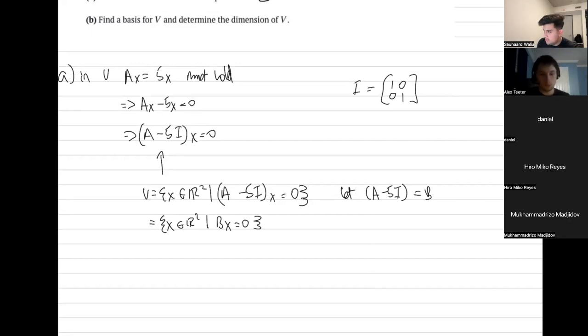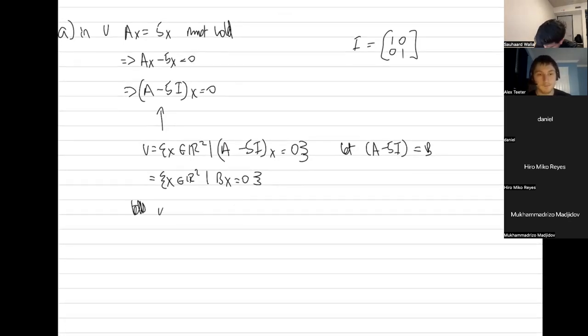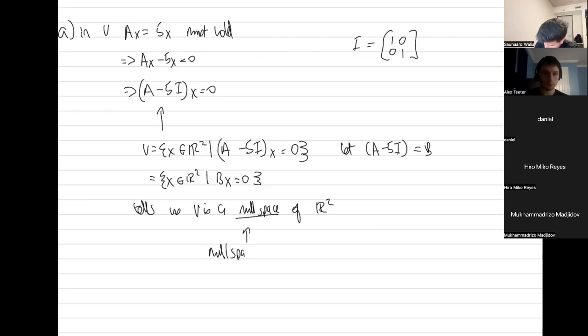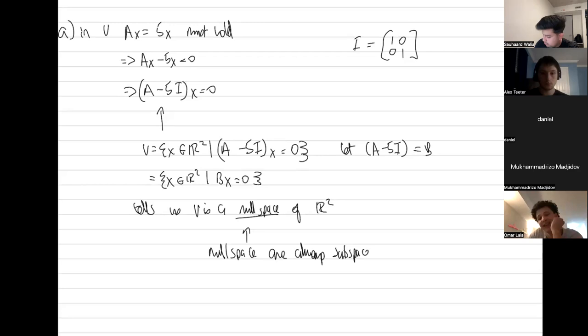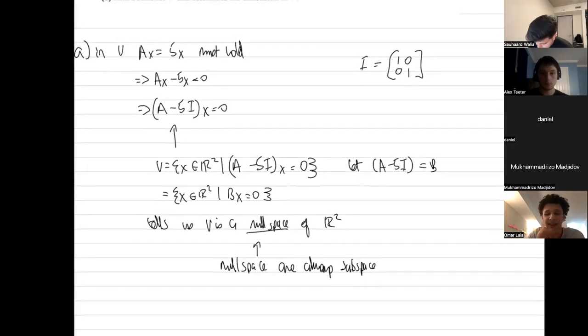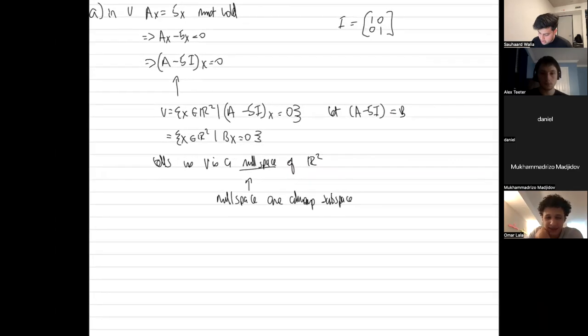I don't think it's been covered yet, and it's okay if you don't know this for the midterm. Again, don't get stressed if you don't know this. V is the null space of A minus 5I, and you're going to find out about null space. Again, you don't need to know this for the midterm, I think. The reason I've just done it is so that you don't think about how you do part A. Again, don't worry about part A.